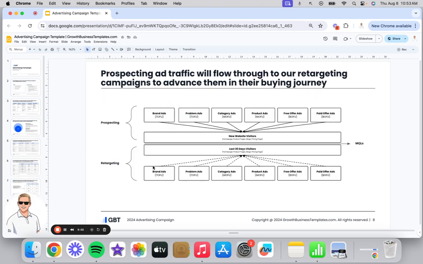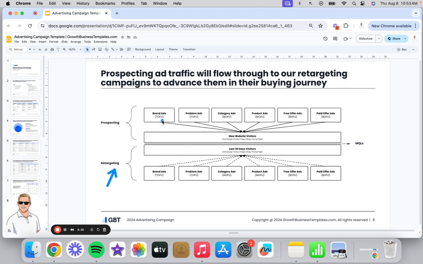Okay, next up. I include this in the ad campaign presentation just to demonstrate the flow of traffic and the flow of campaigns between prospecting audiences. These are net new audiences that you're bringing into your business, to your website, and retargeting audiences that you're retargeting based on pages that they visited or all website visitors.